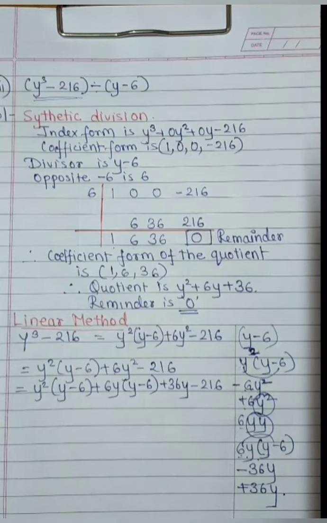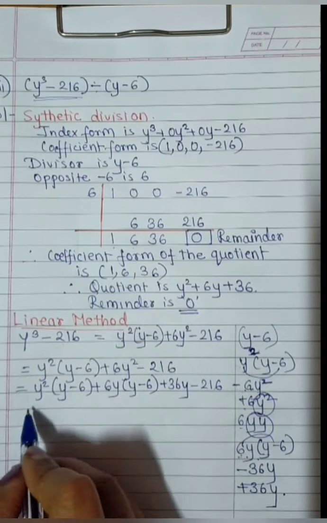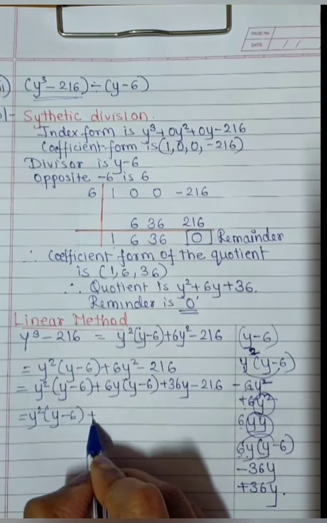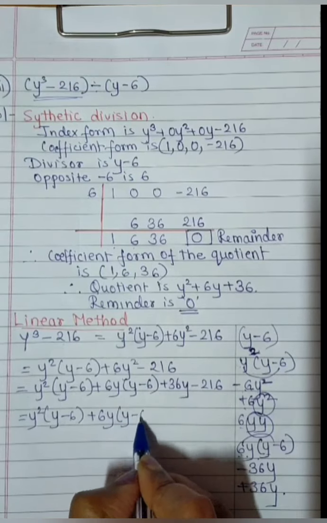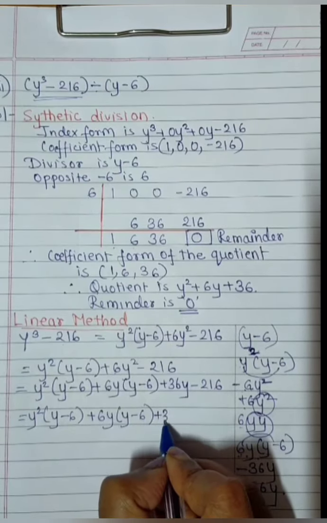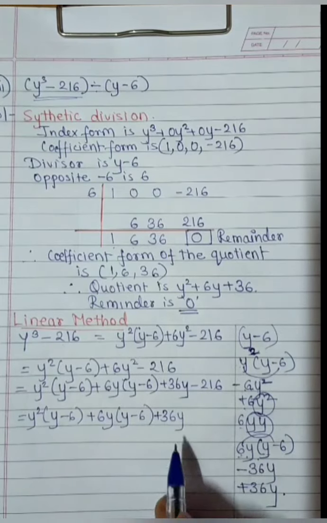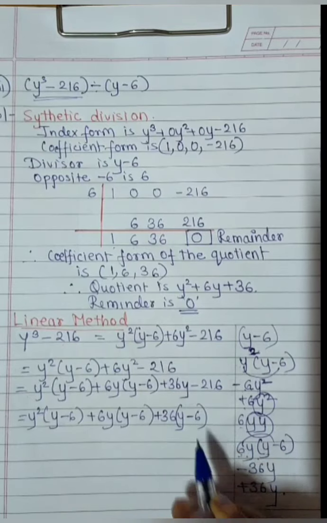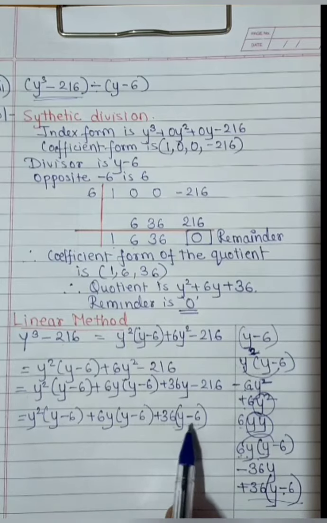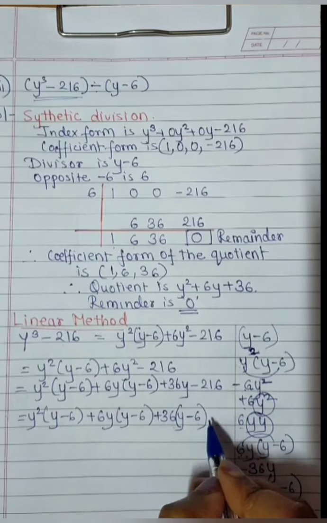Now again, as you can see, this whole equation will come as it is. I am writing here y square in bracket y minus 6 plus 6y in bracket y minus 6. Now here we are having 36y, so I am writing 36 in bracket y minus 6. We took this inside the bracket and we multiply with our divisor.